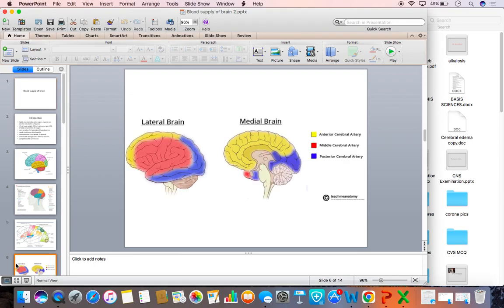Well, this picture shows the cerebral hemispheres, the brainstem, and the cerebellum, viewed from lateral side, and viewed from the medial side.